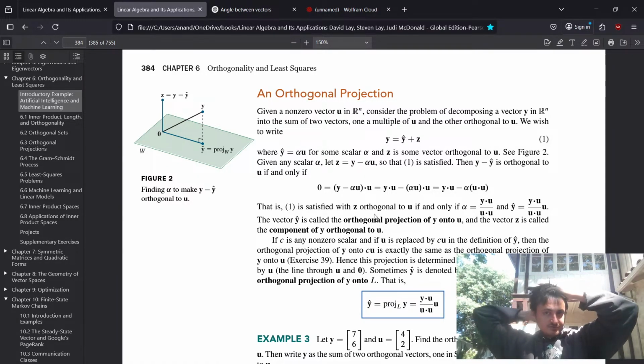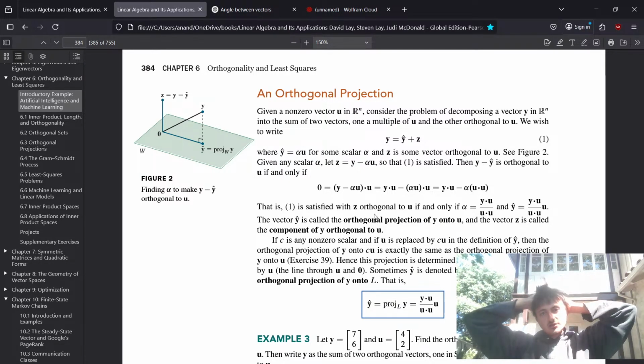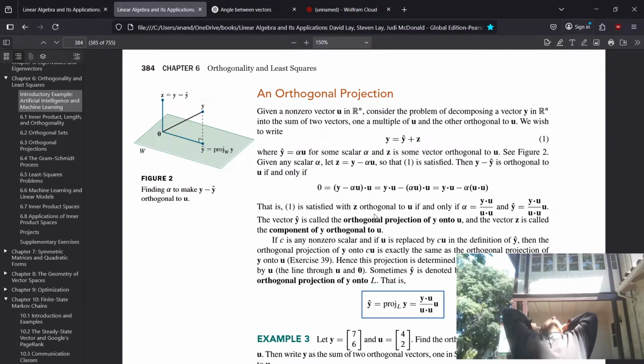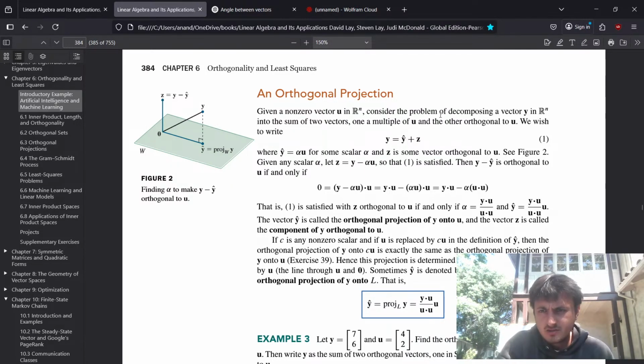An orthogonal projection. Given a non-zero vector u in Rn, consider the problem of decomposing a vector y in Rn into the sum of two vectors, one a multiple of u and the other orthogonal to u.